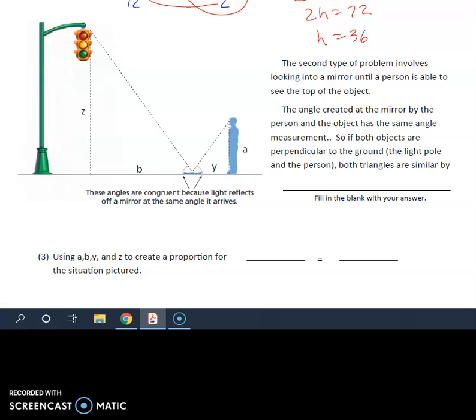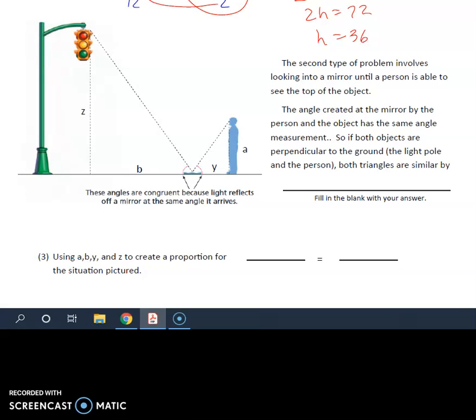This one here, we're looking at a person looking into a mirror, something that you're going to be doing on Friday, trying to put him or herself in a position so they're able to see the top of the light pole. And they're trying to figure out, based on their position, how tall that light pole is.